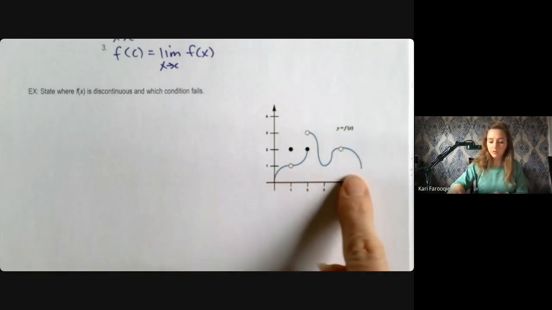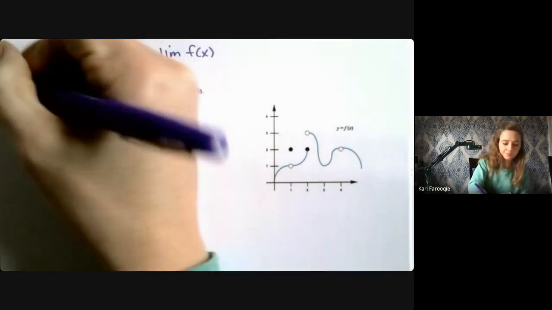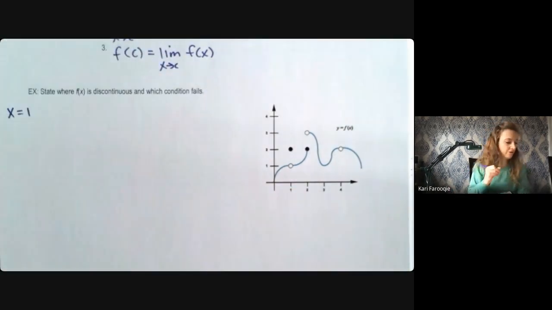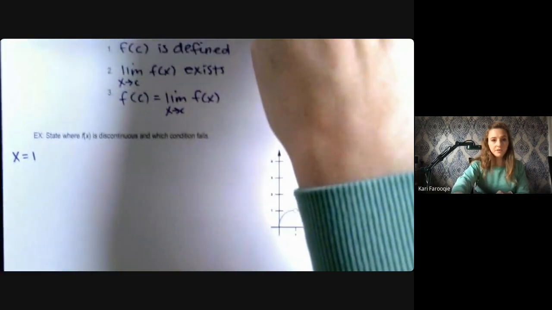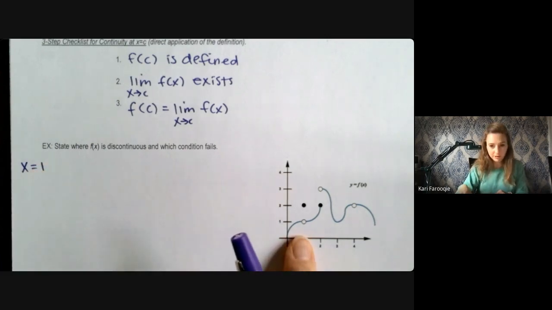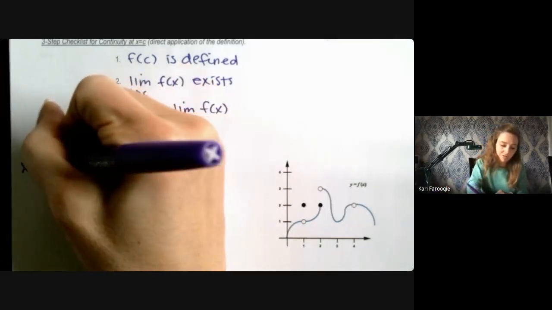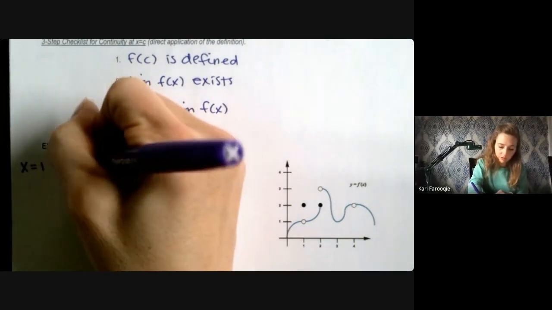Let's go from left to right and talk about this first point first, x equals 1. So we're going to look at these 3 conditions and determine how this relates to our point x equals 1. Now, we already know it's not continuous because we can't graph it without lifting our pen, but we're going to show this mathematically. So for x equals 1, we're looking at the 3 conditions.